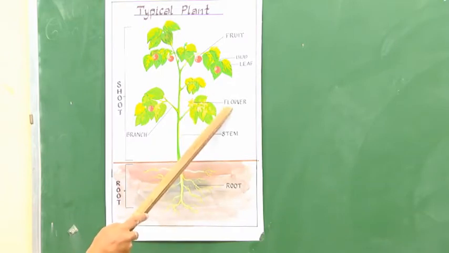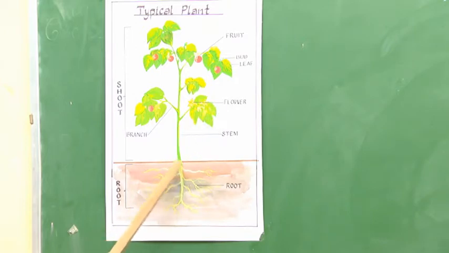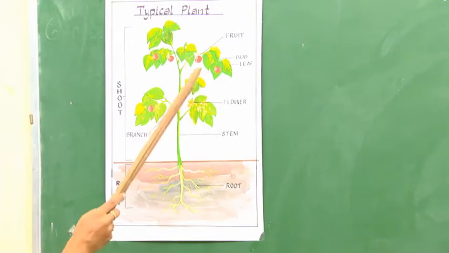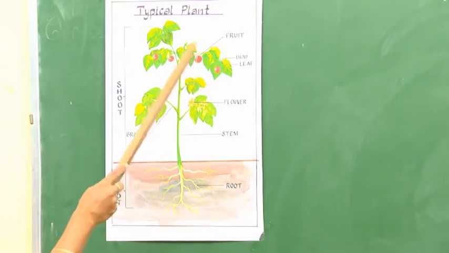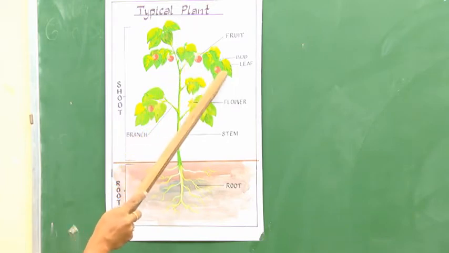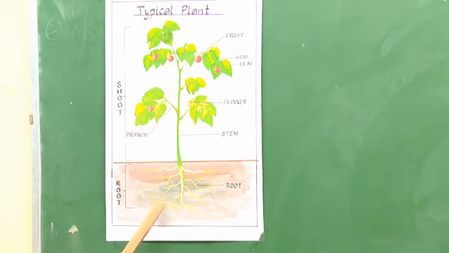These are flowers. Root, stem, branches, fruits, flowers, and buds. Buds are unopened flowers. We use these parts of plants in food, and we shall learn more about these things.